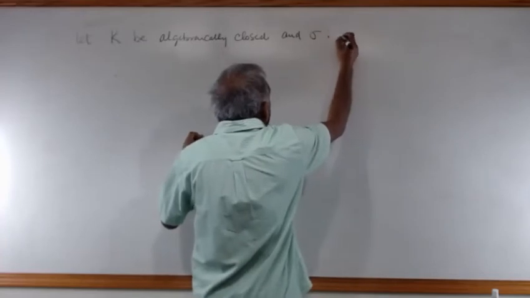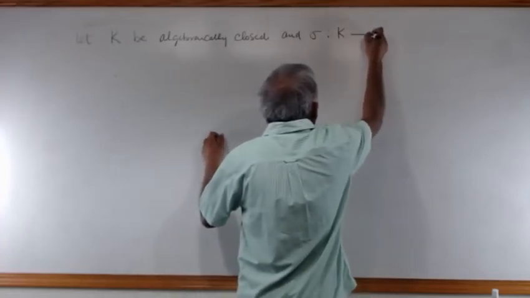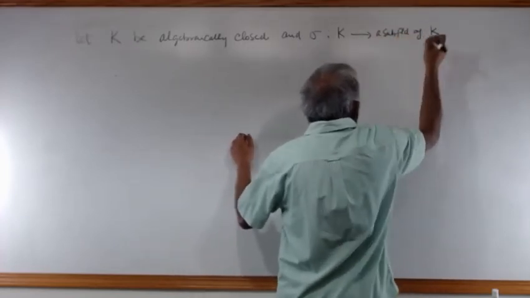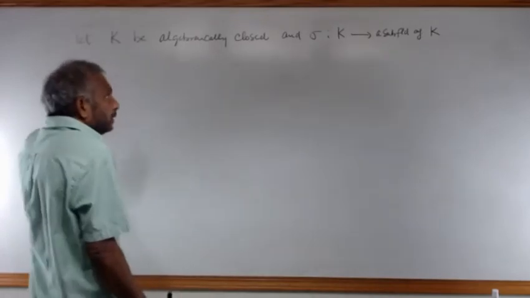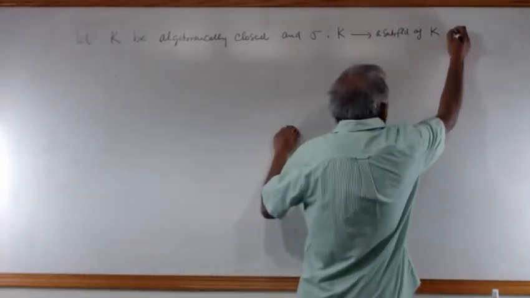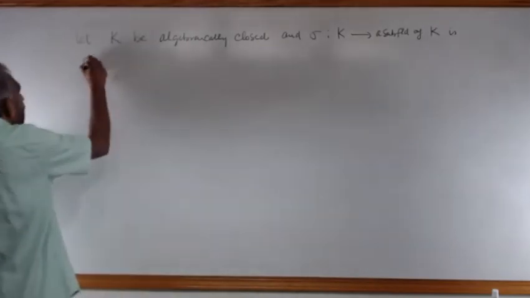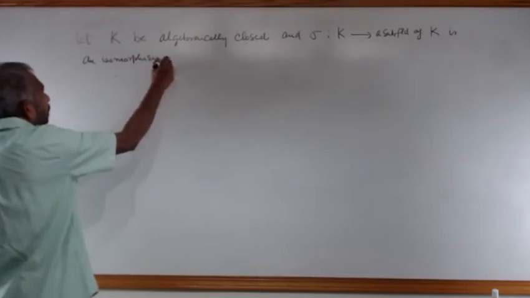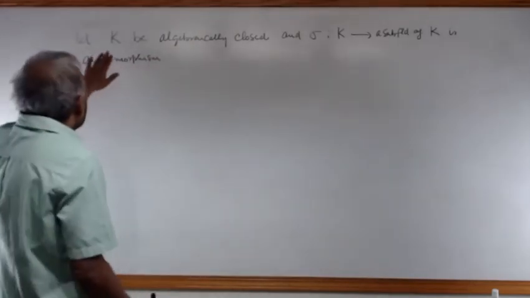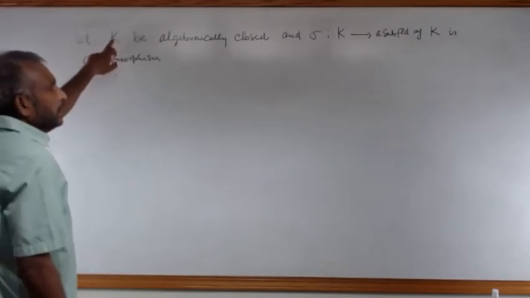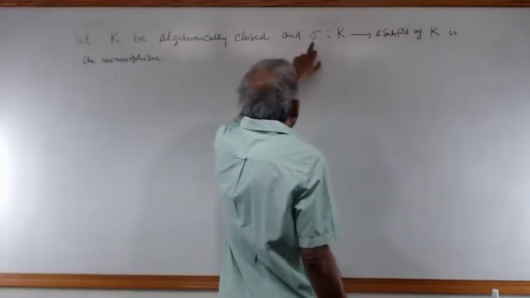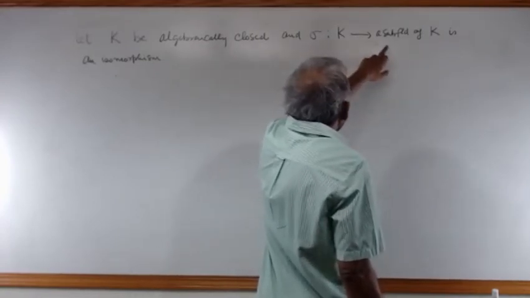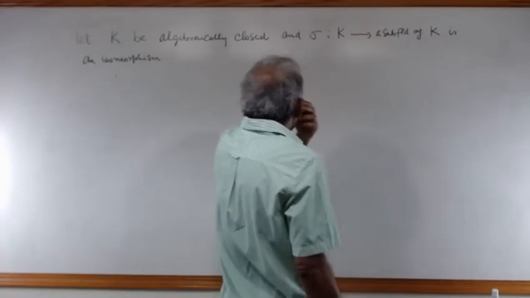Sigma is an isomorphism from K to a subfield of K. It's an isomorphism. This is possible because when K is infinite, this is definitely possible because sigma doesn't need to be onto. It's one-to-one.